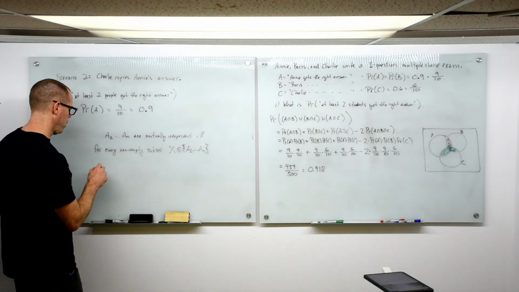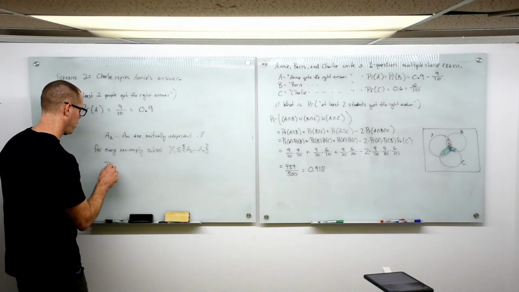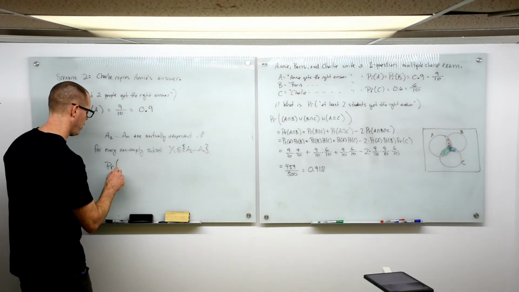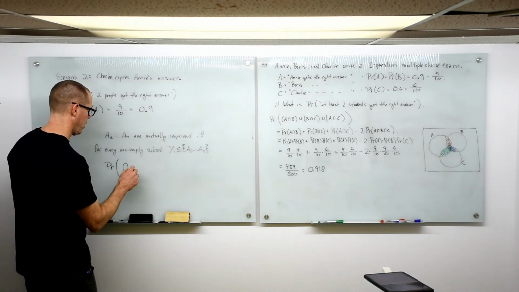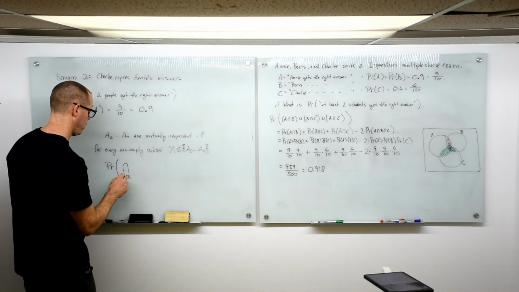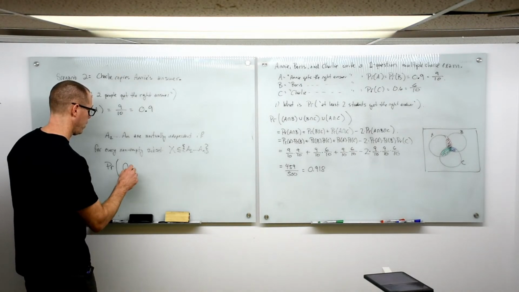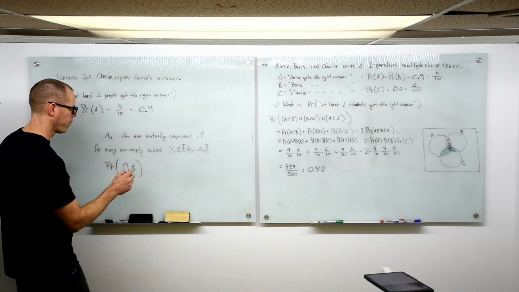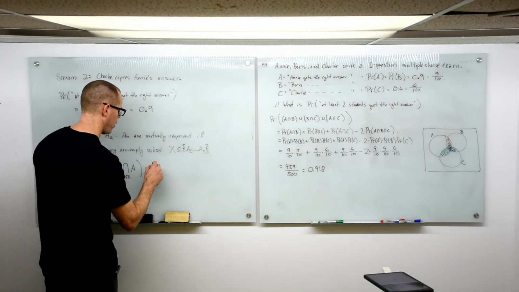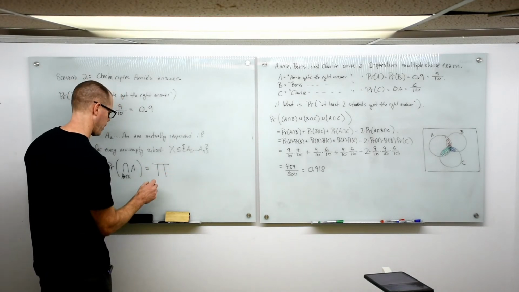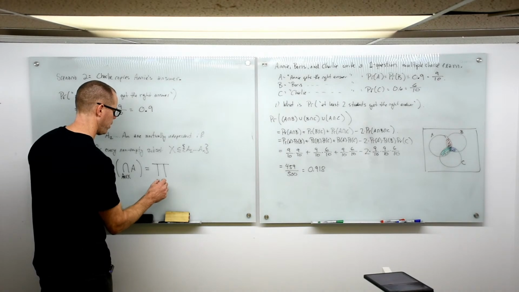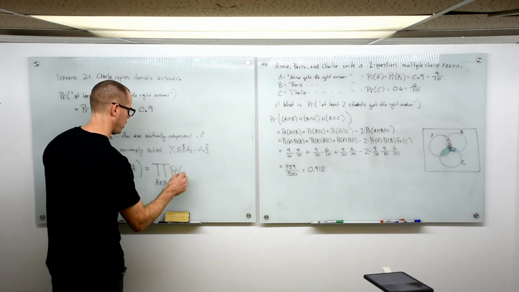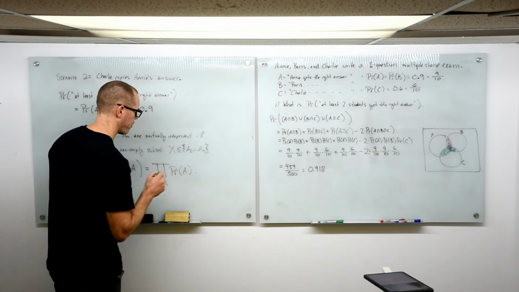That the probability of the intersection over A in X, the probability that all the events in that subset happen, is equal to the product over A in X of the probability that those things happen.